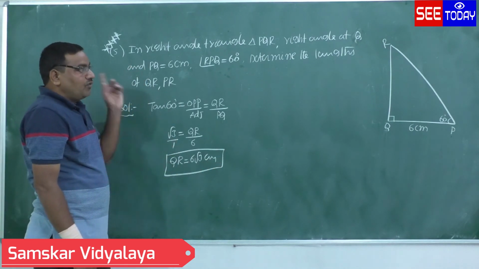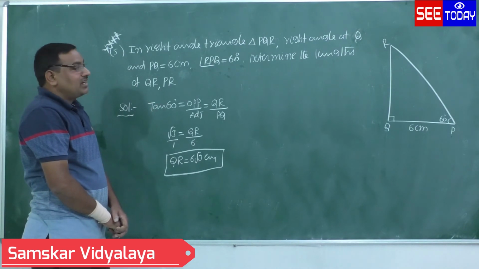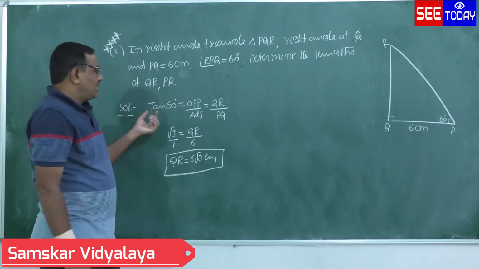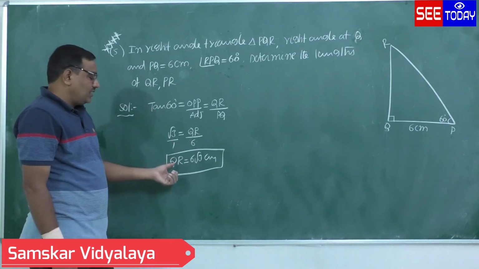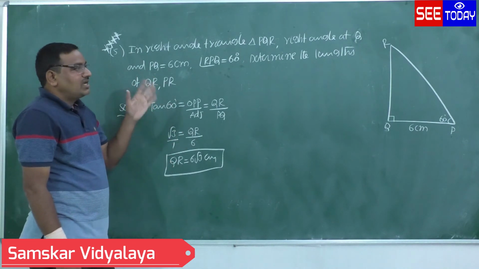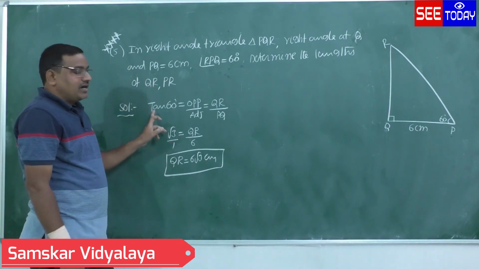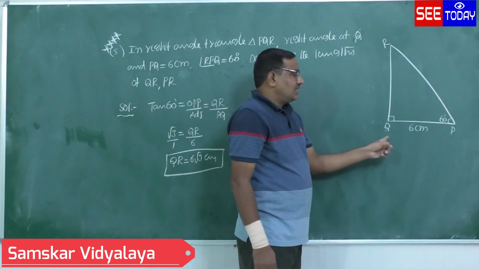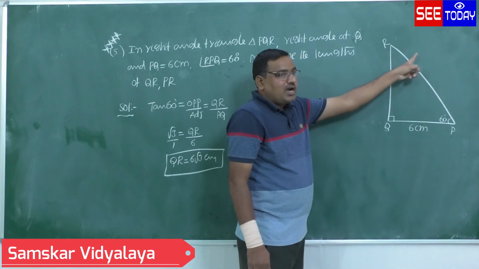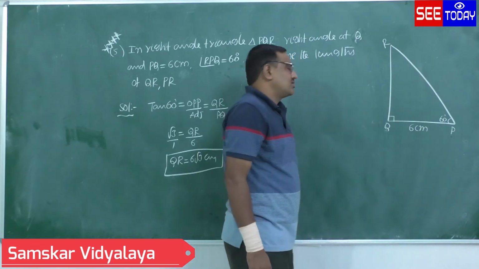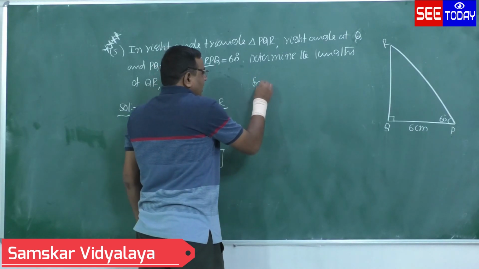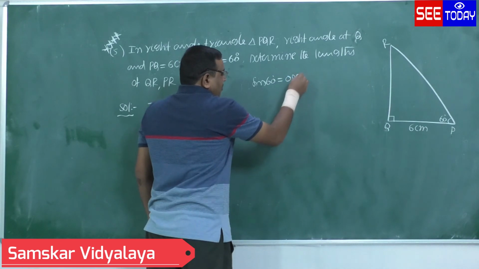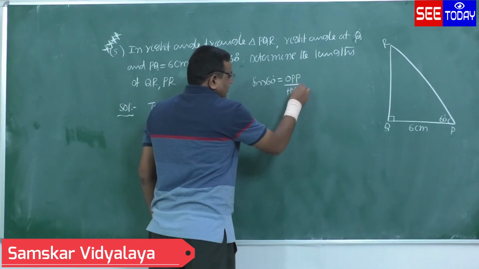Again we have to find one more length, PR. Which ratio is essential for finding PR? Is it possible to take tan? Already completed. By using tan we can find QR. No chance of finding PR by using tan theta. Better to go to the next one, cos theta, which is adjacent side by hypotenuse. But better to take sin 60. Sin 60 is equal to opposite side by hypotenuse.